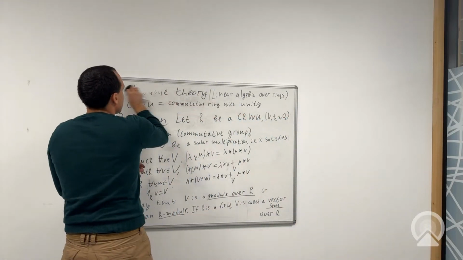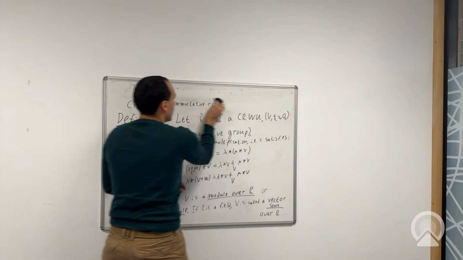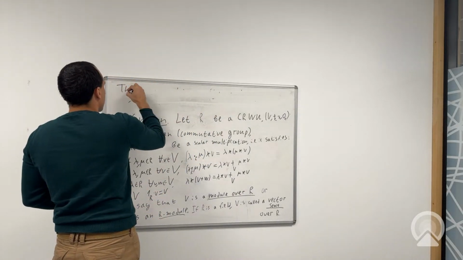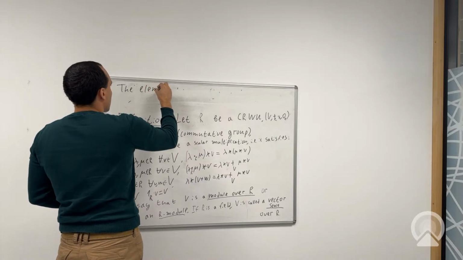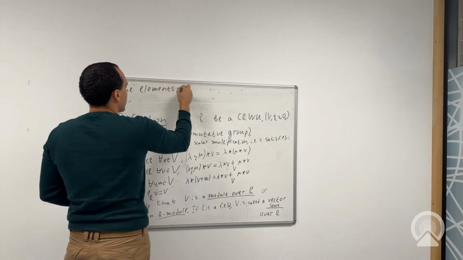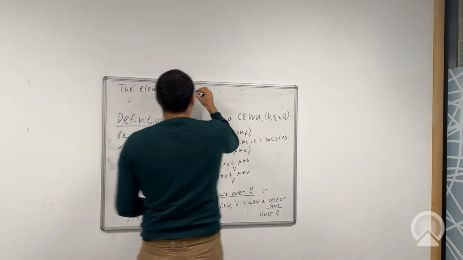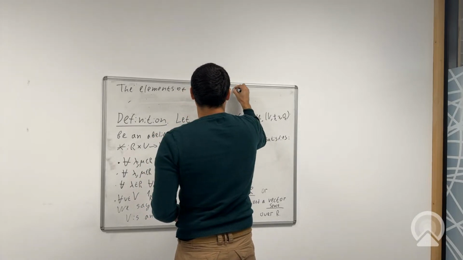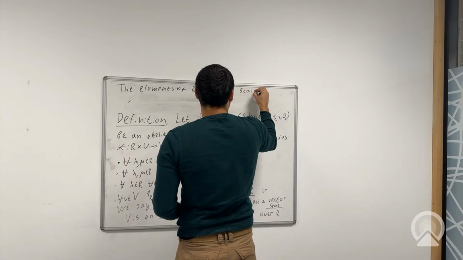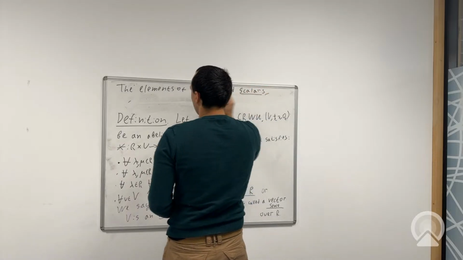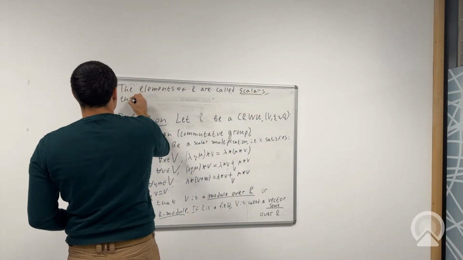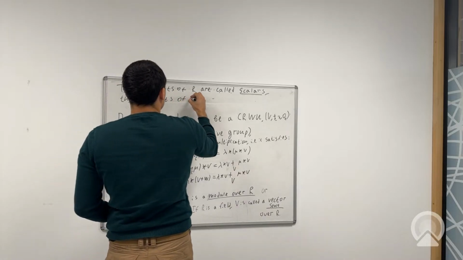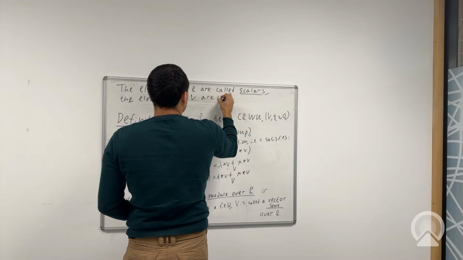And to finish the notation, the elements of R are called scalars, and the elements of V are called vectors.